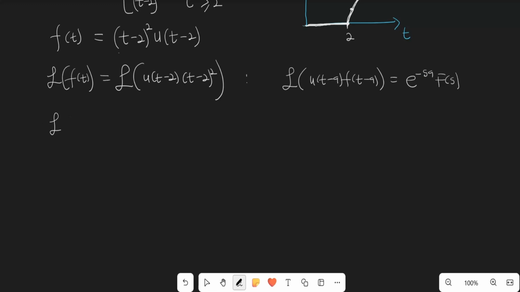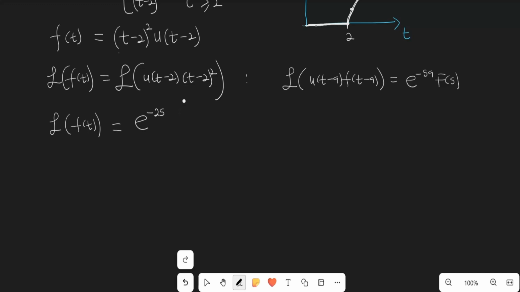So the Laplace transform of our function is equal to, so our a here in this case is 2. Comparing to this, a is 2, so that is e to the negative 2s times F of s. F of s is the Laplace transform of the unshifted function. The shifted function is t minus 2 squared. The unshifted function is going to be t squared.